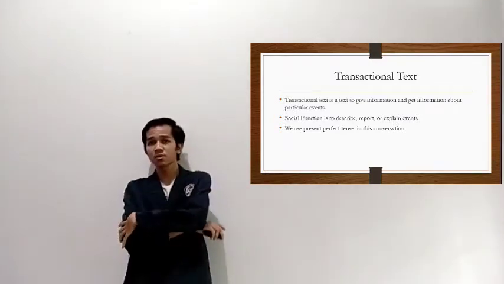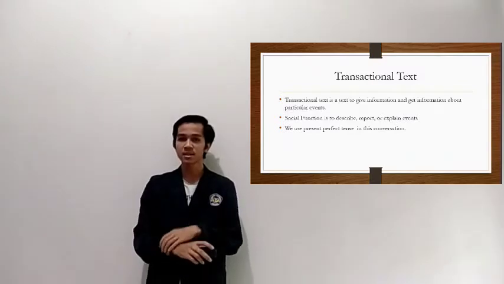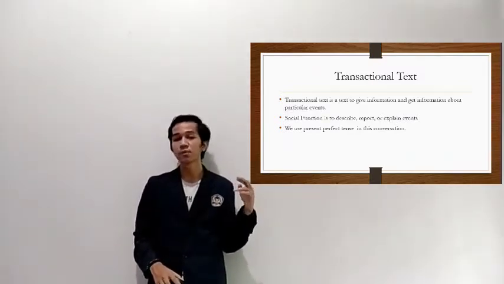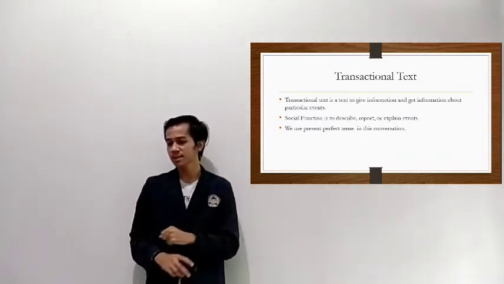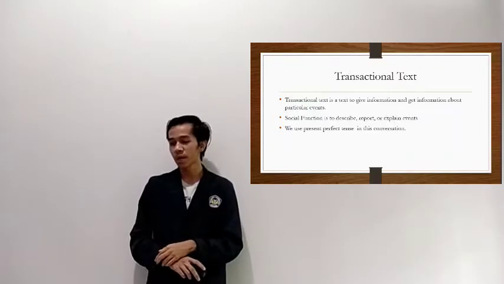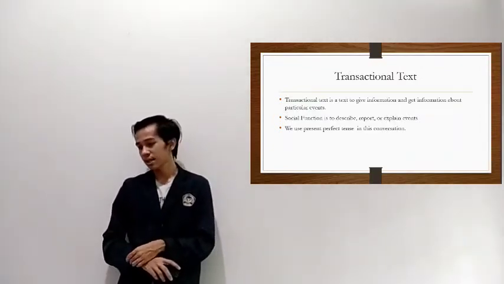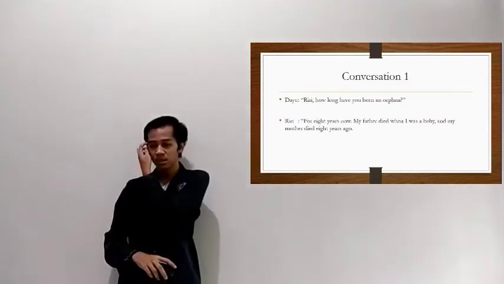Transactional text is a text to give information and get information about particular events. The function of the text is to describe, to report, and explain events. And in transactional text, we use present perfect tense in this conversation.